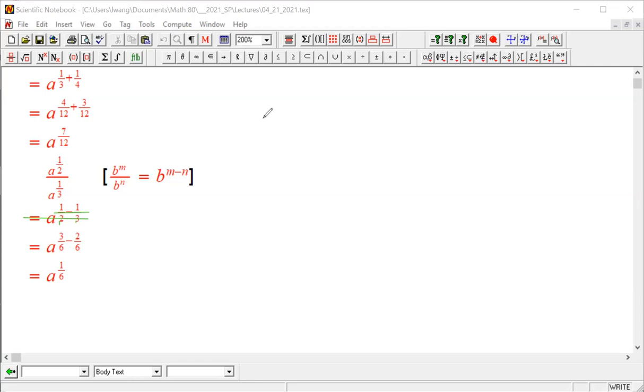Let me show you. Ideally, when you write it on paper, how would you write it? I would write a to the power half divided by a to the power of 1/3. And that's a raised to the power half minus 1/3.